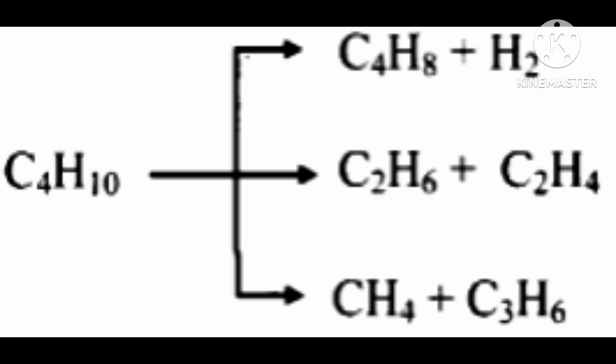Considering the ball and stick model of ethane, keep one carbon atom stationary and rotate the other carbon atom around the C-C axis.